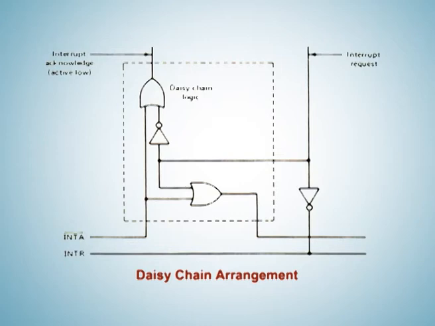The interrupt acknowledge signal propagates through a series of I/O modules until it gets to a requesting module. The I/O modules are connected in the order of their priority. The higher priority device gets preference over the lower priority device to respond to the interrupt acknowledge signal.